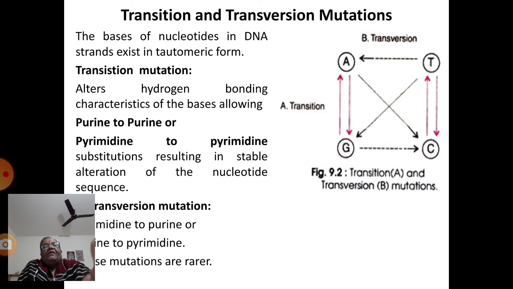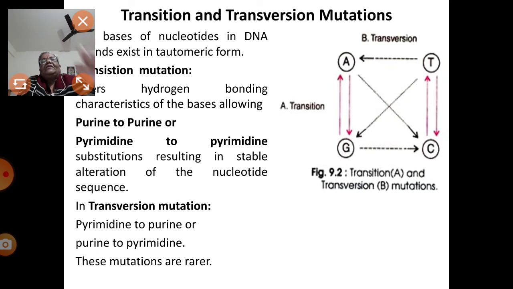Now, transition mutations alter hydrogen bonding characteristics of the bases, allowing purine to purine or pyrimidine to pyrimidine substitutions, resulting in the alteration of the nucleotide sequence.